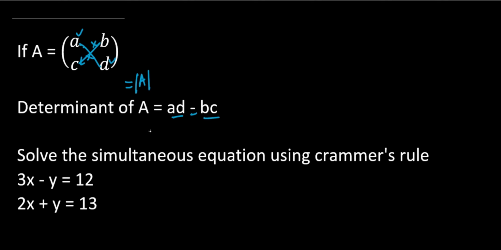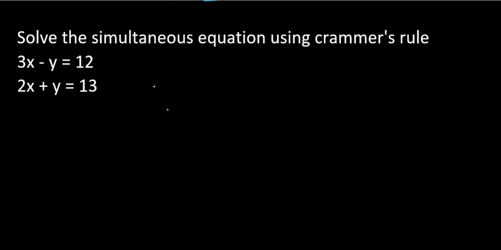Okay, now let us look at this equation: solve the simultaneous equations using Cramer's rule. In this case, we are going to write a formula down. These are the equations we'll look at.